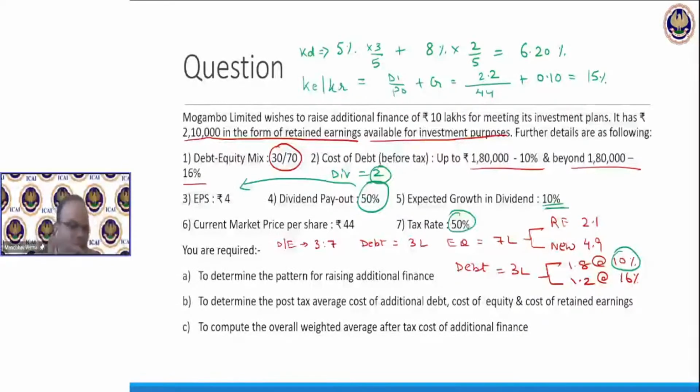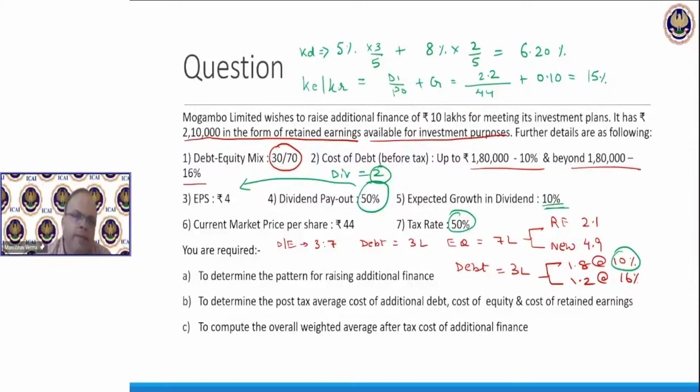And if you have got the answers, please calculate the overall weighted average after tax cost. So what would be your overall weighted average after tax cost?